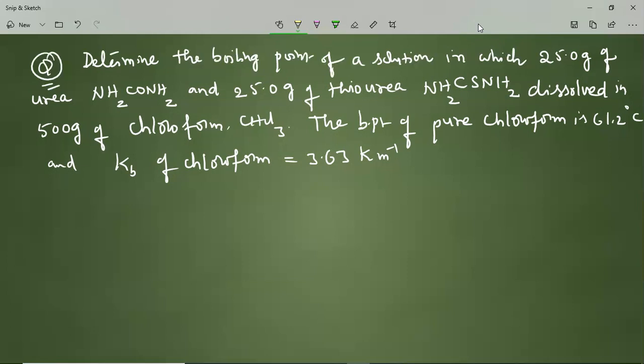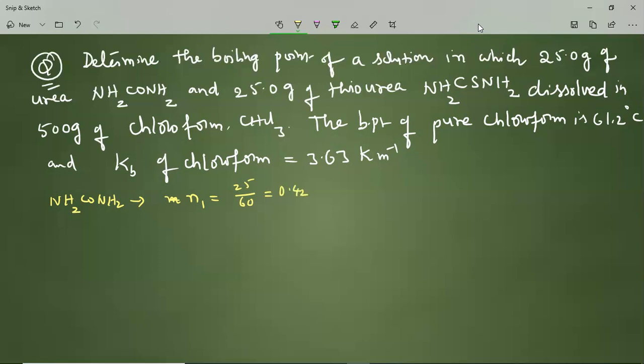So first of all, we will take urea, that is NH2CONH2. The number of moles, I will call it N1, is equal to the weight of urea, 25, by its molar mass, 60, and I got 0.42 moles.